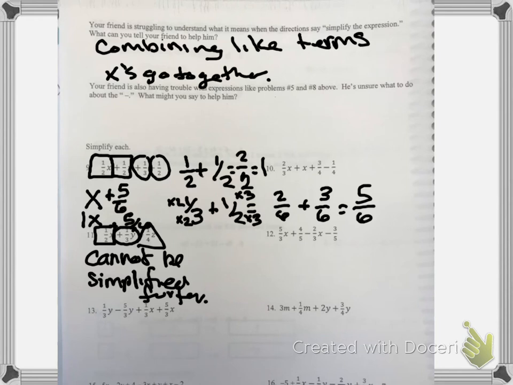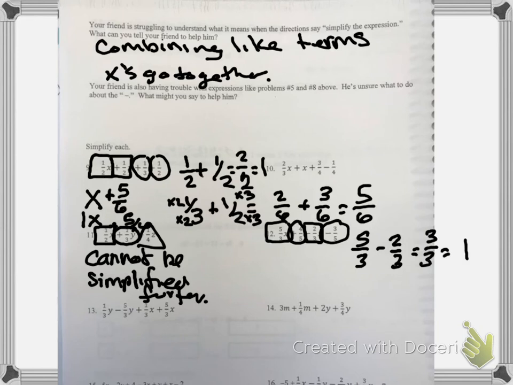Okay, number 12 is the next one. So I'm going to do squares around the x's and everything, the number and the sign in front. The numbers, I'll do circles. So then I have 5/3 x minus 2/3 x. These already have a common denominator, so I can just subtract the tops to get 3/3, which simplifies to just 1x.